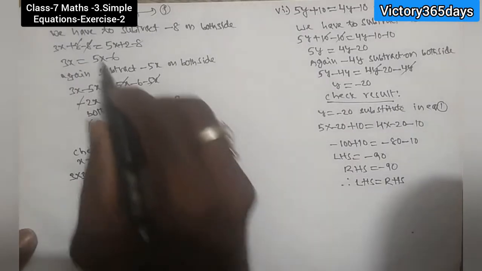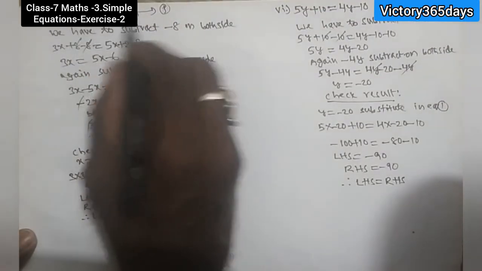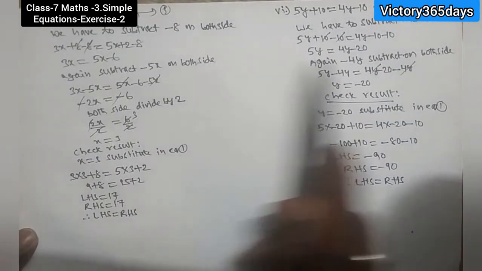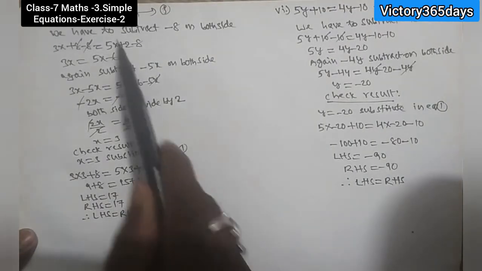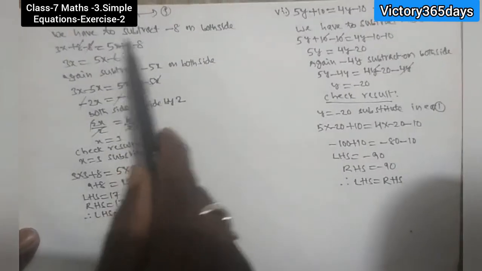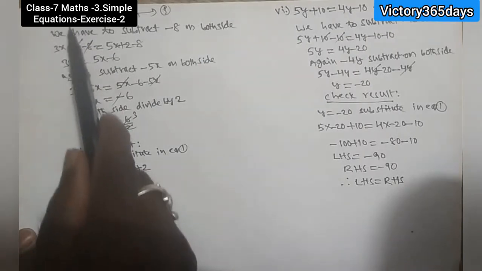Okay, we can do the remaining sums from exercise 2. 3x plus 8 equal to 5x plus 2. You can see these problems all follow the same process. You may observe this problem also uses the same process. We have to subtract 8 on both sides, so this will be cancelled.